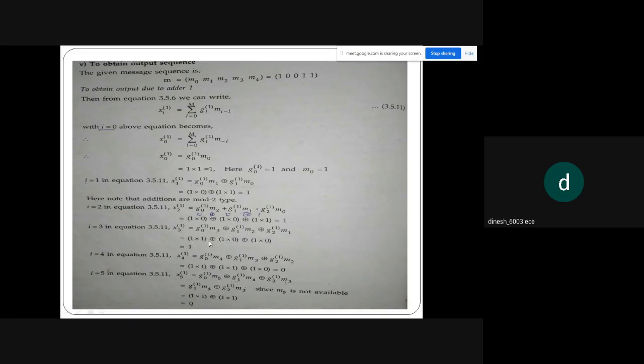Substitute all the g0 of 1, g1 of 1, g2 of 1 and the particular m0, m1, m2, and we'll get this value.